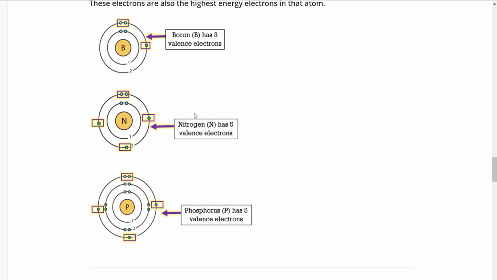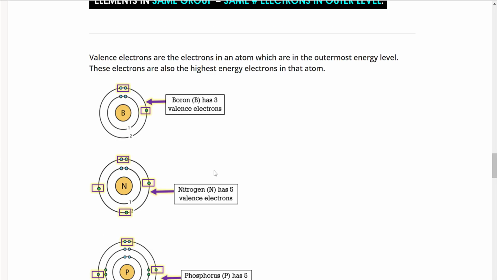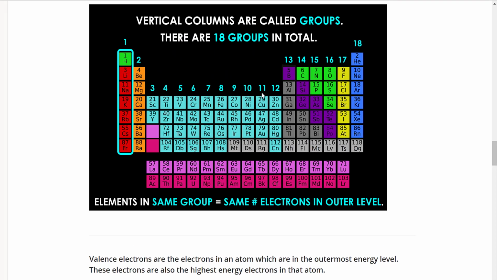They're in the same group because they have the same number of valence electrons. However, nitrogen has 2 rings, so it's in period number 2, and phosphorus has 3 rings, so it is in period number 3. If we go back to the periodic table, we see that that is true. Nitrogen is in period 2, and phosphorus is in period 3.